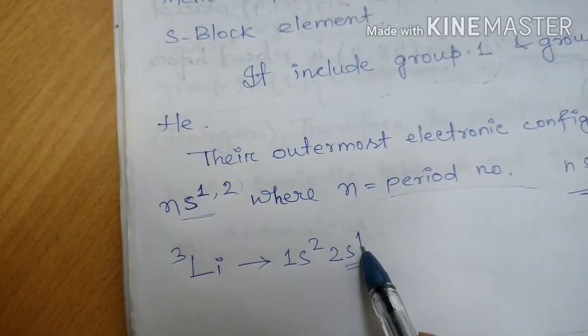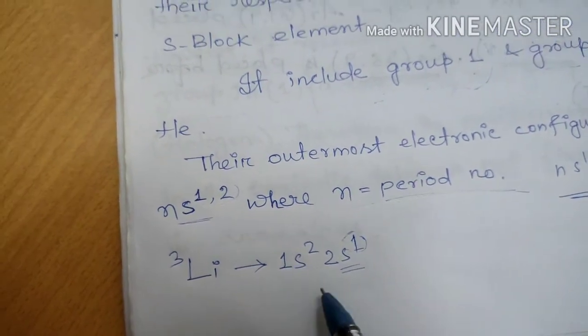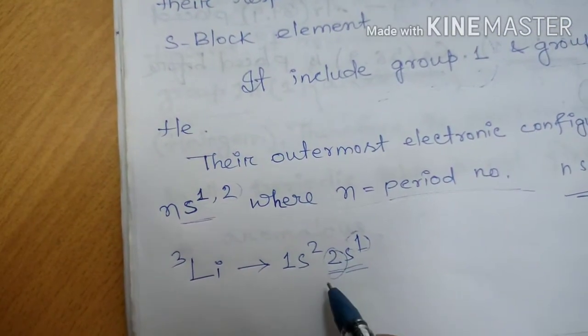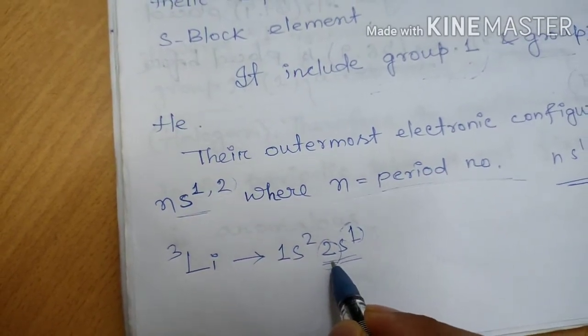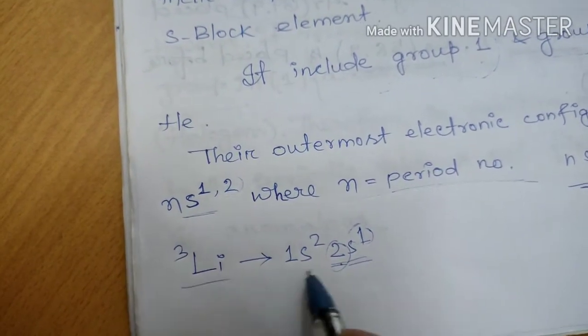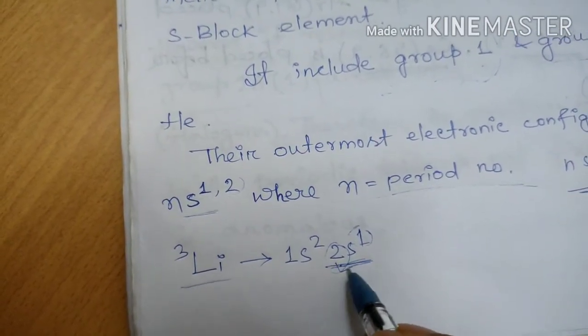This is the valence electron, and this is the principal quantum number, that is the period number. So in lithium the valence electron enters the s orbital, that's why lithium is an s block element.